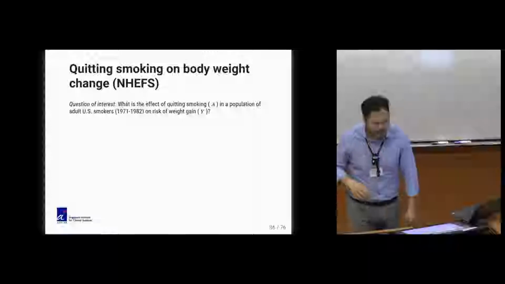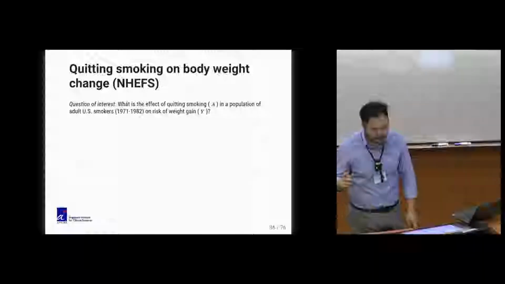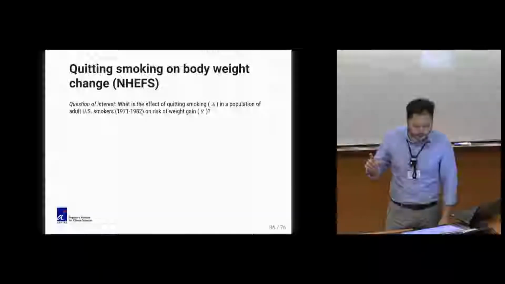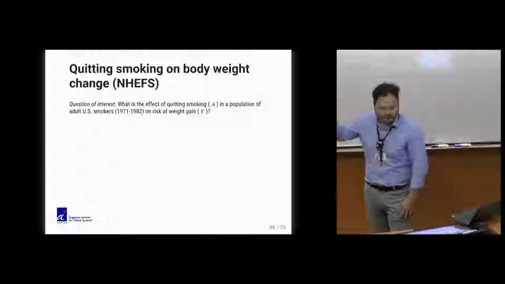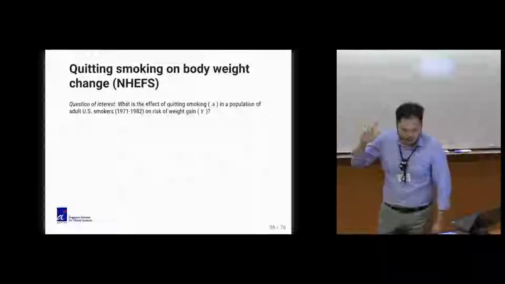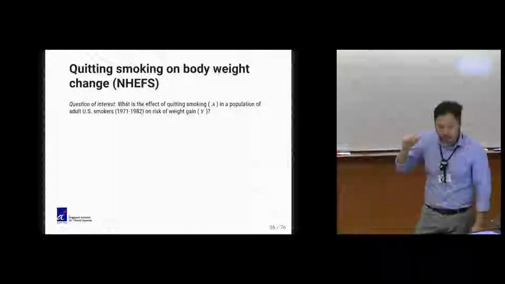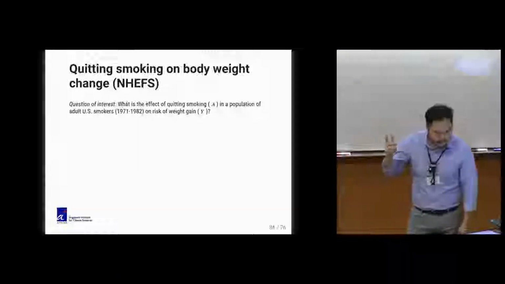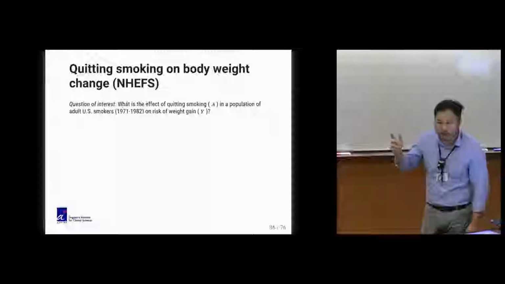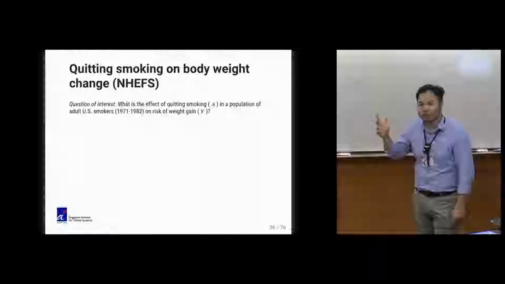So a question might be, for those who are smokers, what is the effect of quitting smoking in a population, and so this is in the US setting, on the risk of weight gain? And why this particular time window is because we're taking data from, this is an example from the causal inference book, taking data from the NHEFS, the National Health Examination Nutrition Survey.